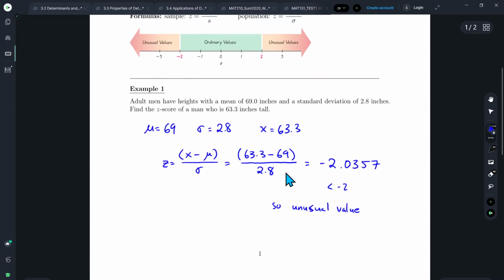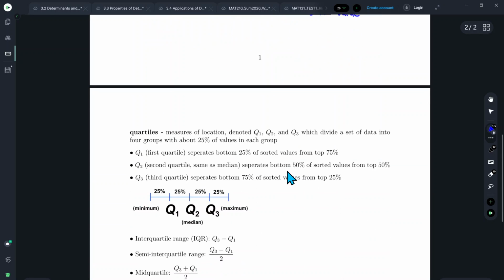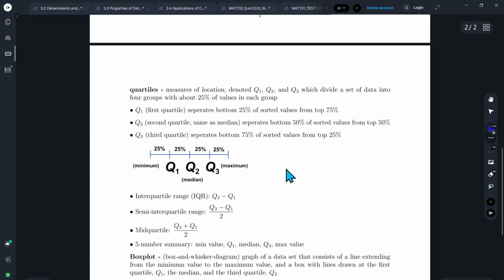Next we're going to discuss box plots, which is another way of organizing data. What the box plot essentially does is divide a data set into 4 groups, essentially quarters, where the minimum value is at the left end and the maximum value is at the right end.